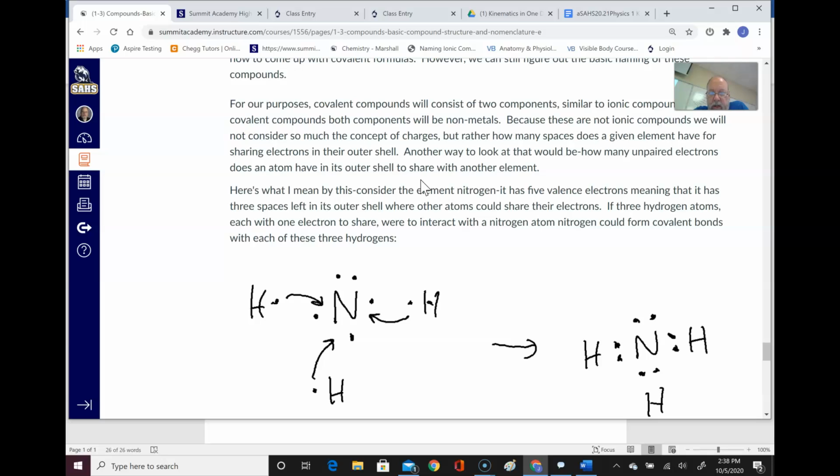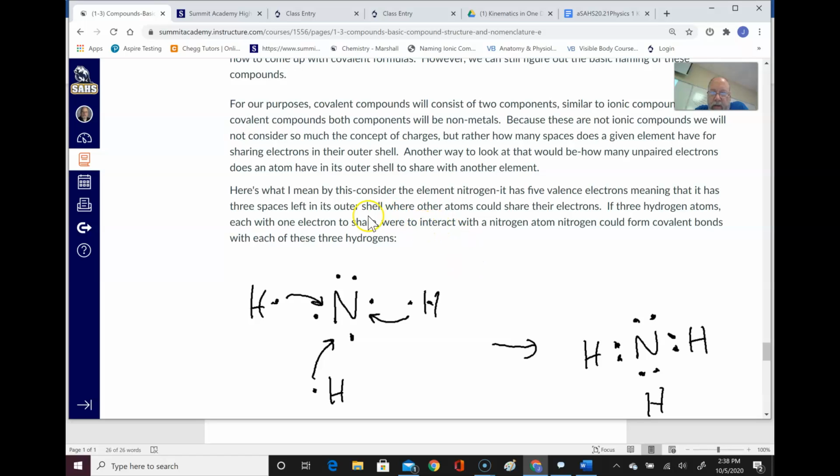So consider the element nitrogen. It has 5 valence electrons, and we've said before that we can write a little shorthand of this structure by putting dots around the atomic symbol, 1, 2, 3, 4, 5, and that shows us that we have 3 electrons available for interaction with other electrons.